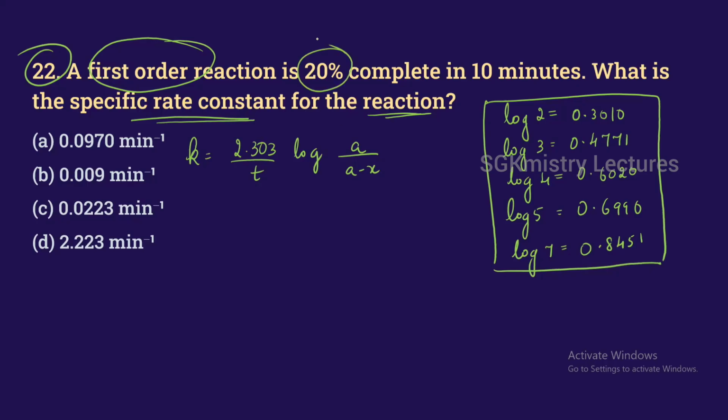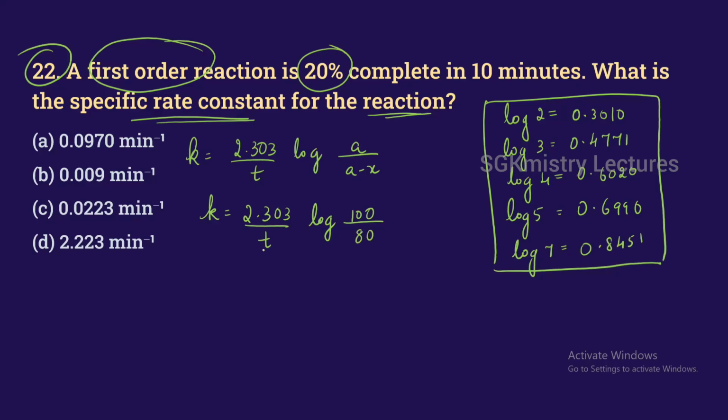So 20% out of 100 has been reacted. So how much is remaining? 80 is remaining. Now, A initial concentration, we are taking as 100 because it is given in percentage, 20% has been completed. So 100 minus 20 will be 80, right?